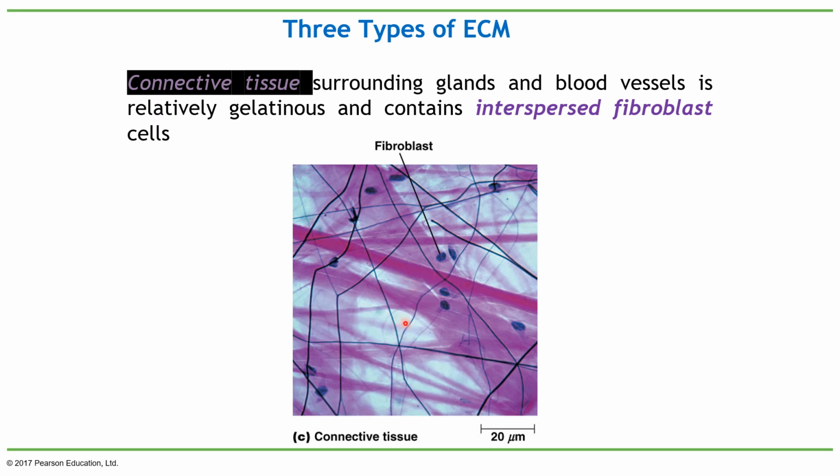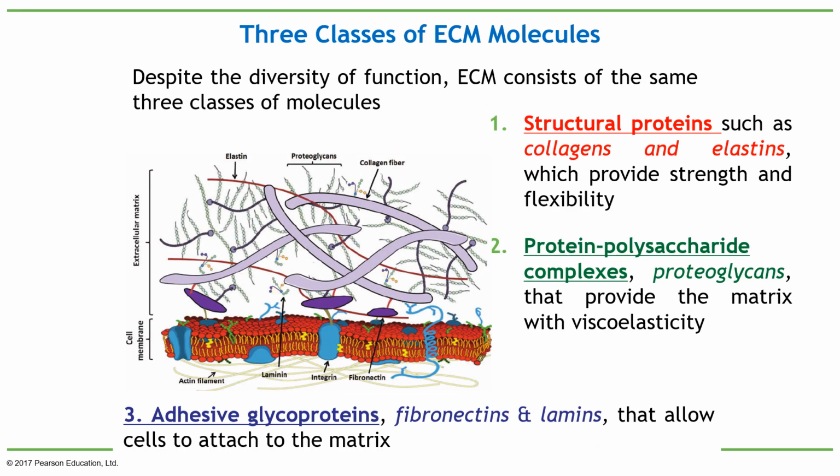Now that we talked about the collagen, there are three types of ECM molecules, as I said in the beginning. Despite the diversity of tissues, all of them will have these three components: structural proteins, proteoglycans that are sugars and proteins, and adhesive glycoproteins.